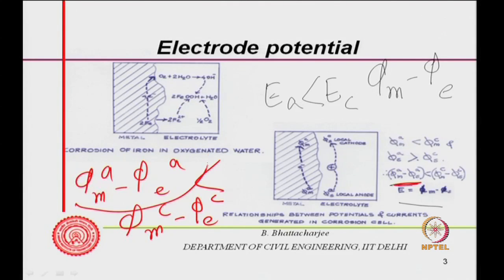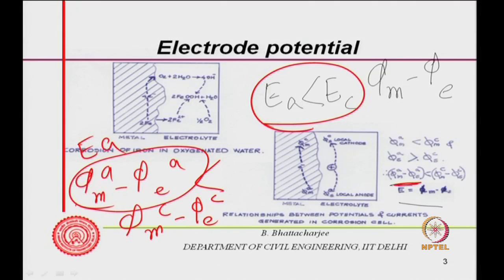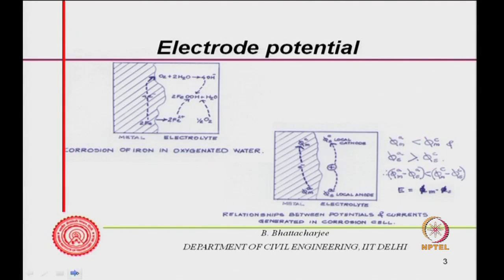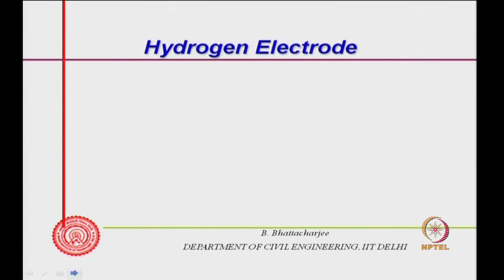So, electrode potential E a is less than E c. So, electrode potential at the anode is lower than electrode potential at the cathode. So, that is what we call electrode potential. It is the difference between the potential of the metal and the electrolyte at any electrode.